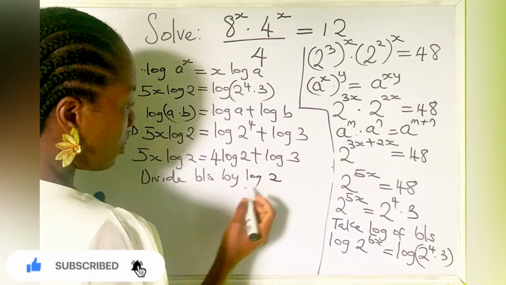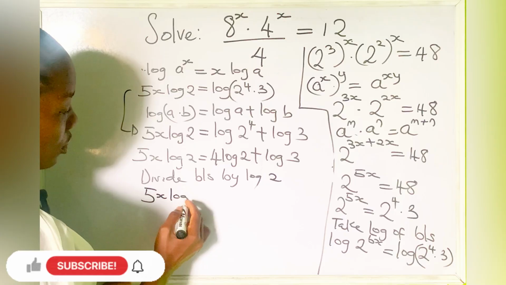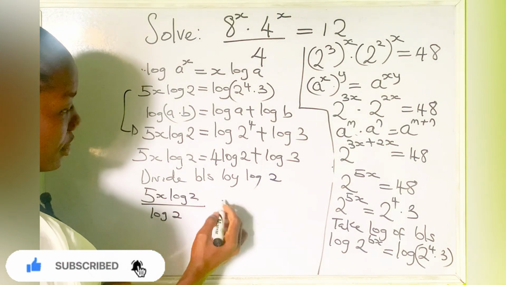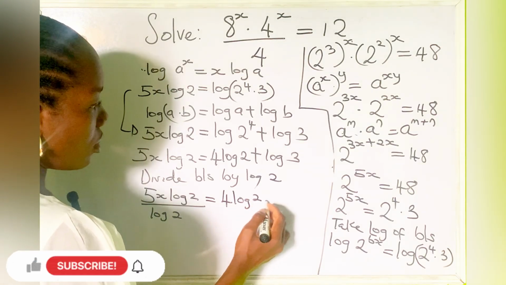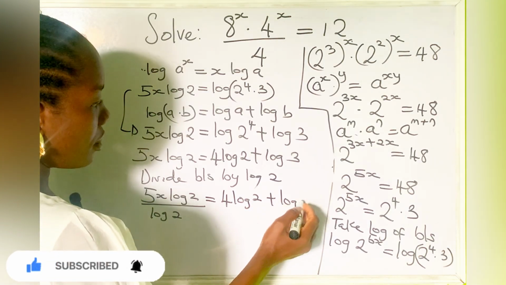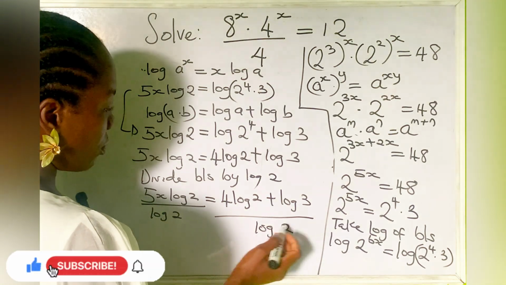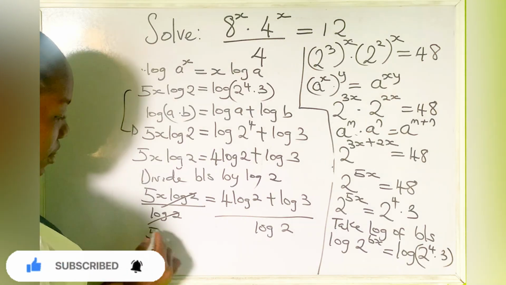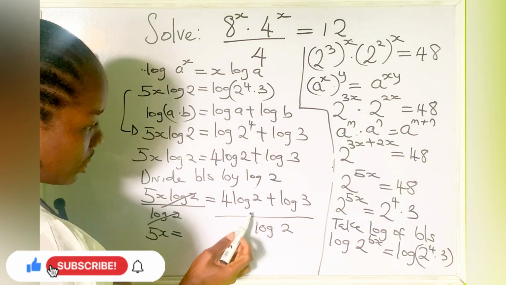So when we do that, we'll have 5x log 2 all over log 2 is equal to 4 log 2 plus log 3 all over log 2. This will cancel this. So we're now left with 5x is equal to, now don't forget that this log 2 is for both here and here.